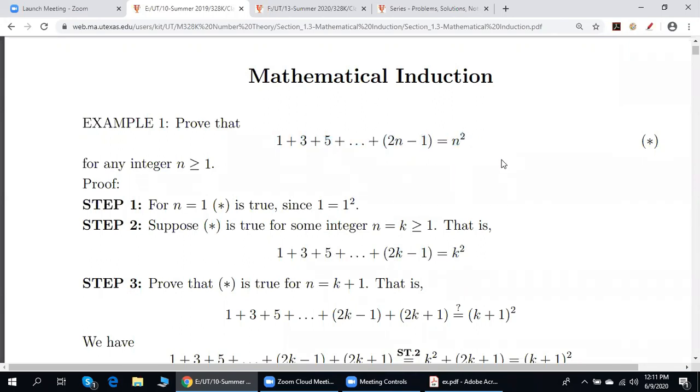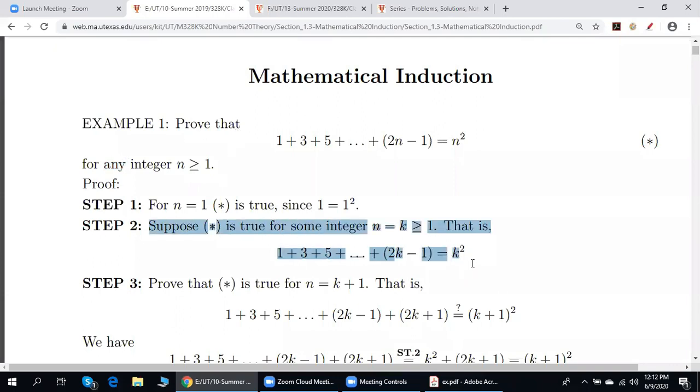Well, guys, there is a big difference between this and this. Please compare two words. Over here, we want to prove this for any integer.